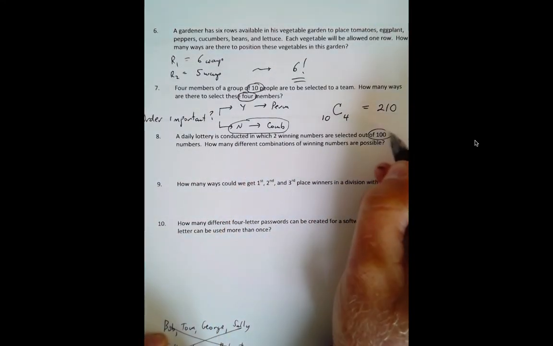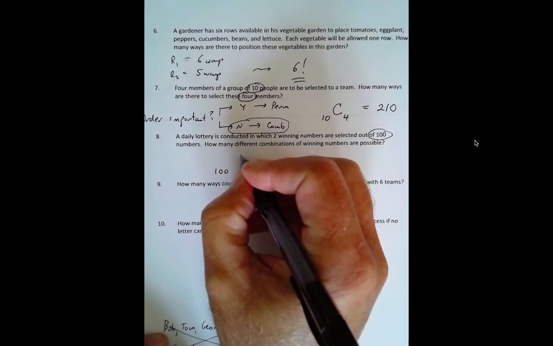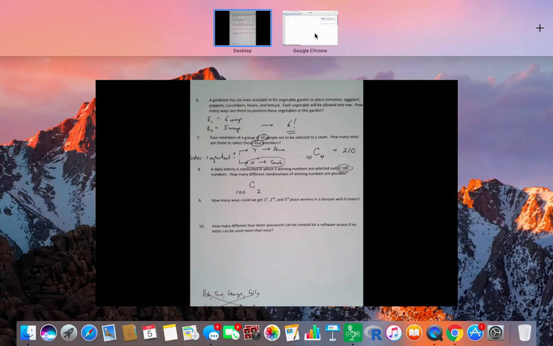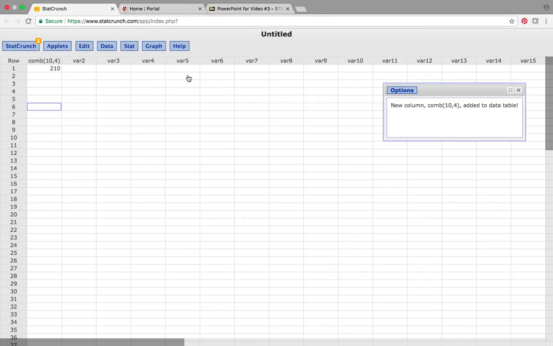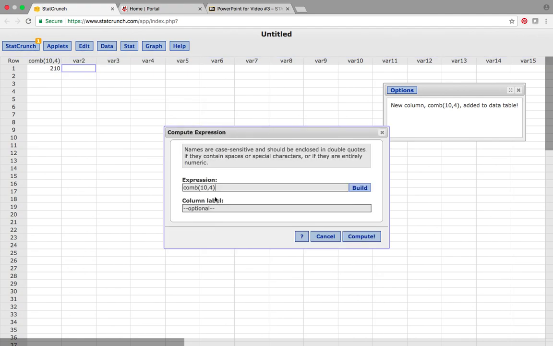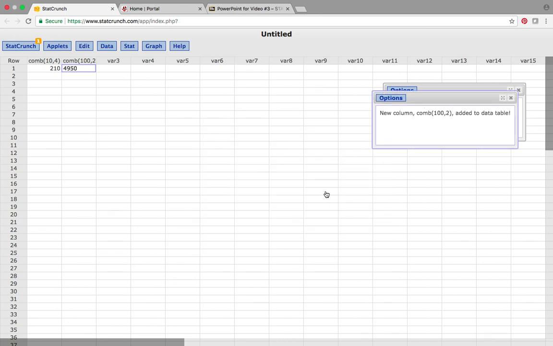We have 100 possibilities, and we're choosing 2 of those. So guys, go back to this. So data, compute, expressions, and I need to change that to 100 and this to 2. So the answer would be 4950.